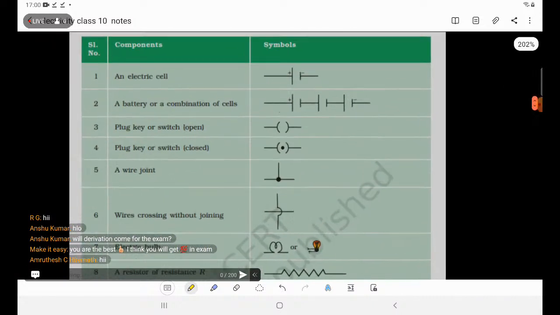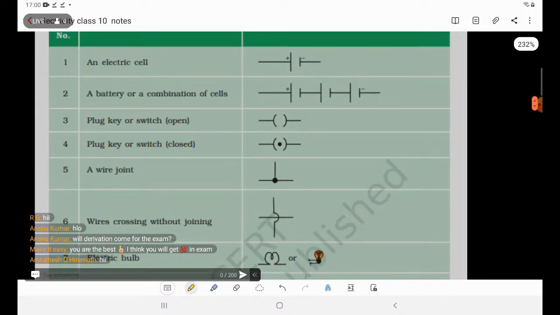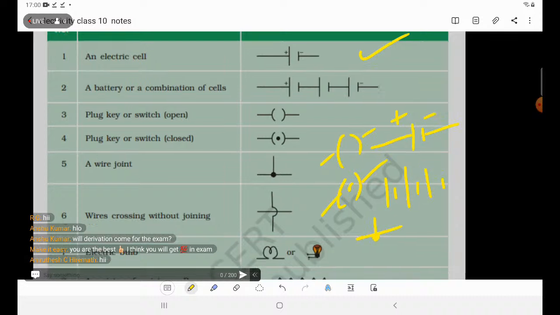These are the symbols that we use to draw the electric circuit. This is a cell, simple: one long and one short line. The long line represents the positive side, the short one the negative side. Combinations of cells make a battery. Then open switch, closed switch, and the wire joint.